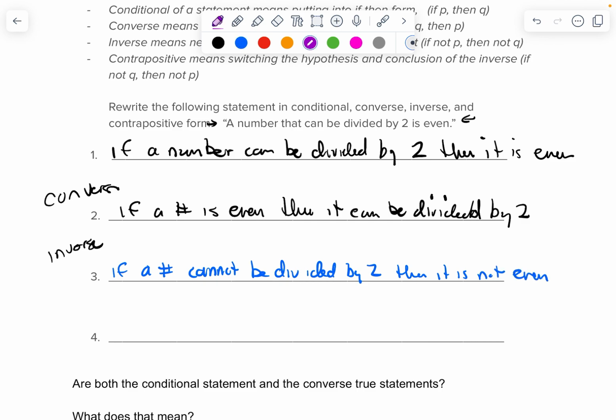And then the contrapositive, that's a contra with a plus sign for positive. The contrapositive is you switch that. So it goes: if a number is not even, then it cannot be divided by 2.